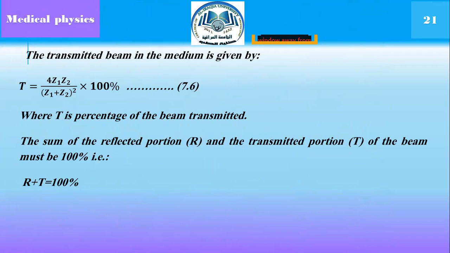The sum of the reflected portion R and the transmitted portion T of the beam must be 100. That means R plus T should equal 100%.